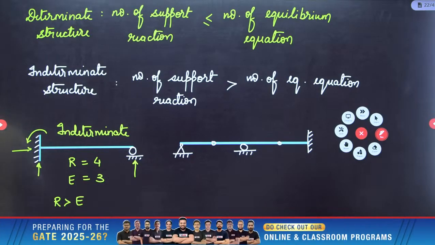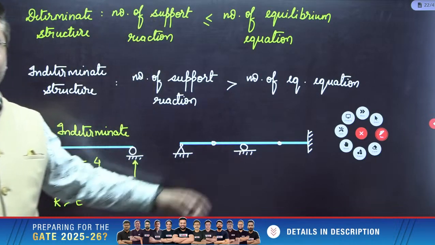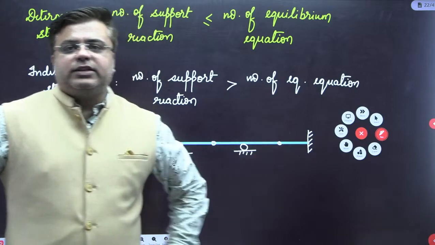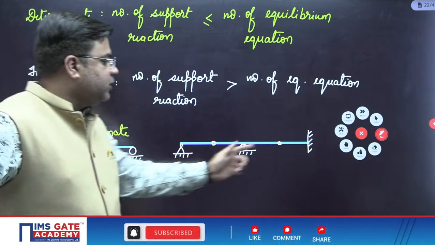Please tell me determinate or indeterminate? Second one. How many support reactions here? First tell me the support reactions, then I'll tell you. Manav is saying determinate. Okay. How many support reactions, Manav sir?